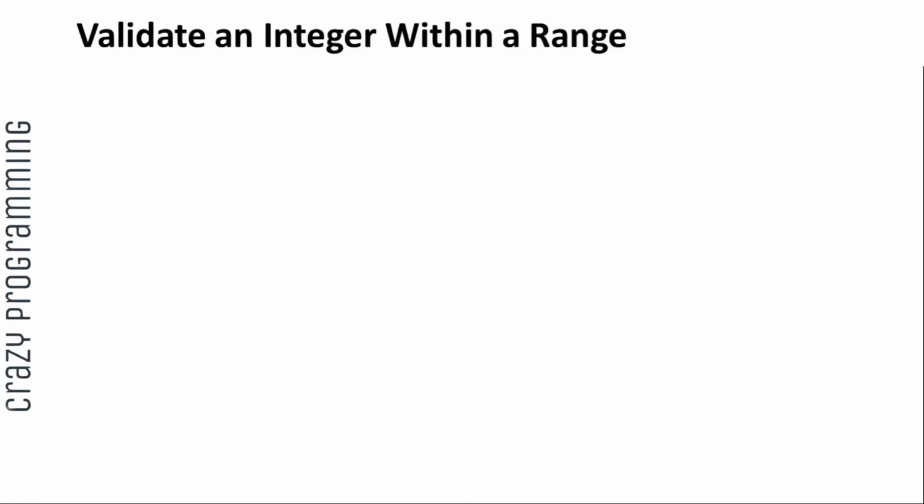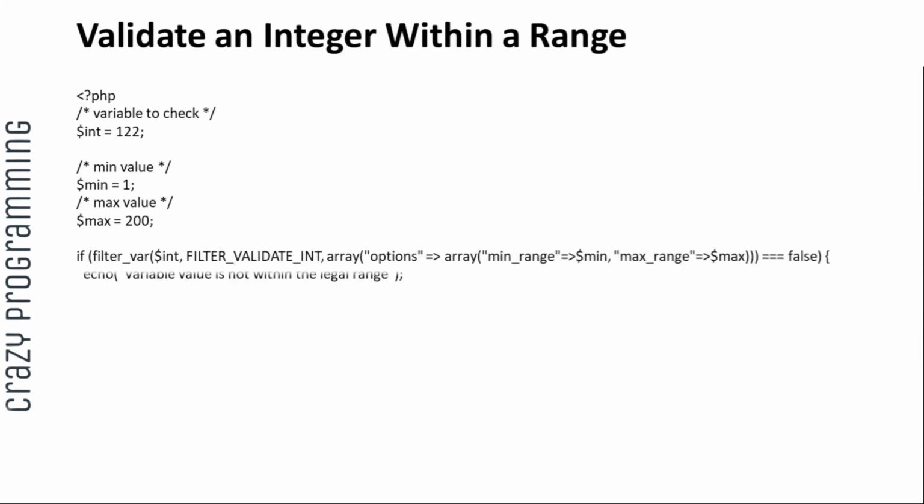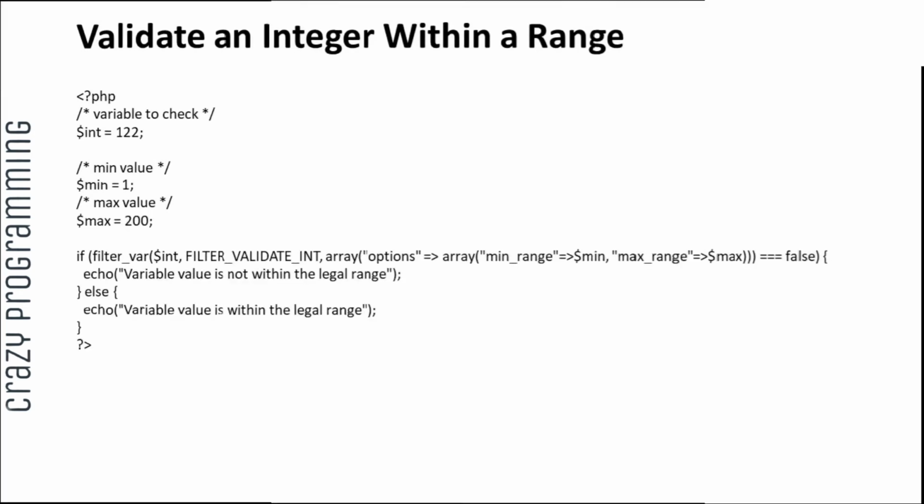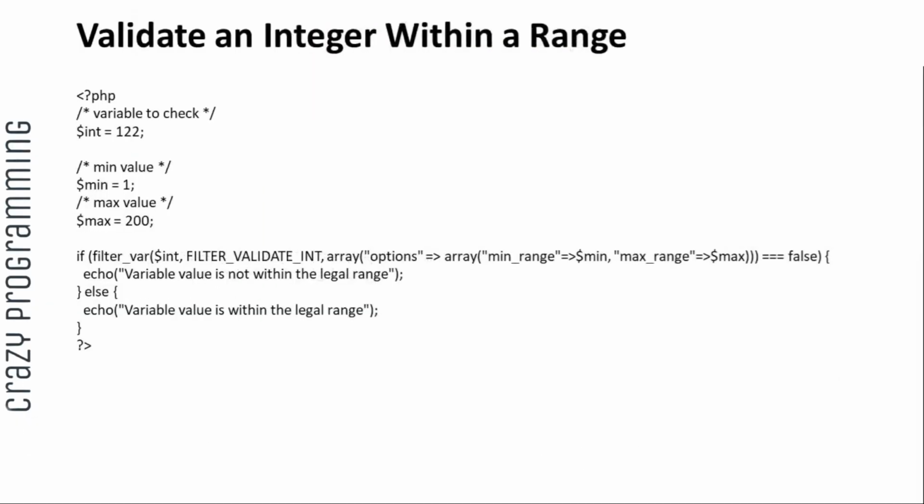Now we will understand how you can validate an integer within a range. So this is the example code. We are going to see this deeply. I use PHP and then variables to check the integer within a range. So I use an int variable with value 1 to 2, another variable min equals to 1, and max variable equals to 200.